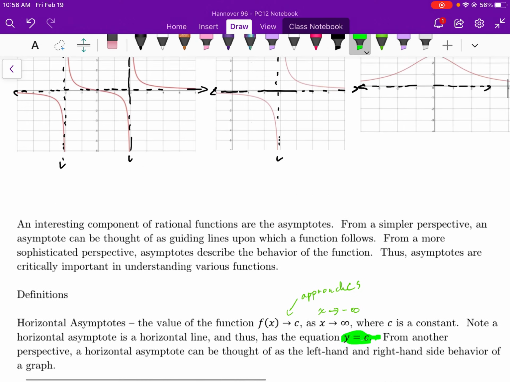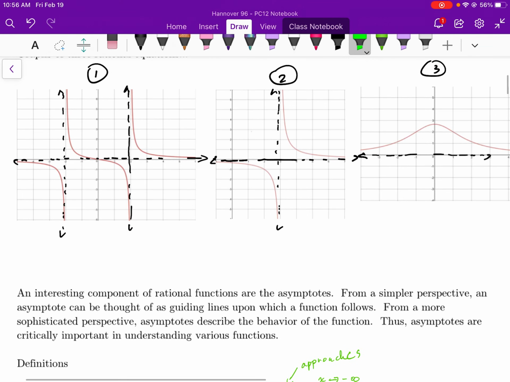Now, I'm just going to scroll up a bit. I'm going to take a look at graph number 1. What we see is that I have a horizontal asymptote here along this line. This line will have the equation y is equal to 0. It's important to note that if I had the ability to zoom in, as x goes towards infinity, that is, as x gets really large over here, the value of my function would get closer and closer to this line.